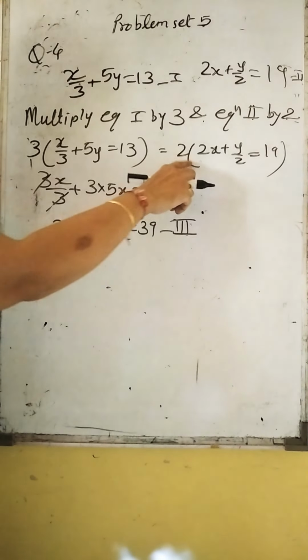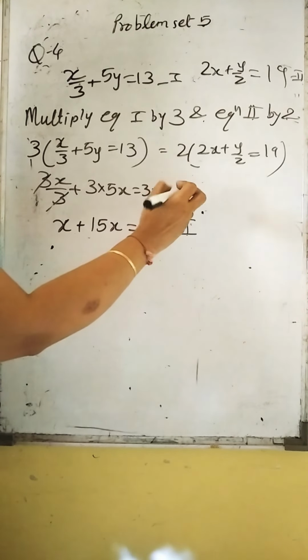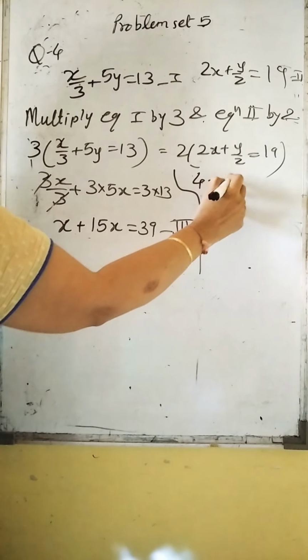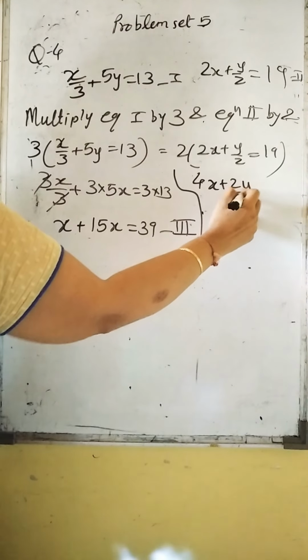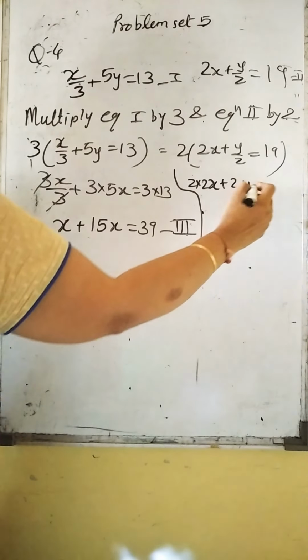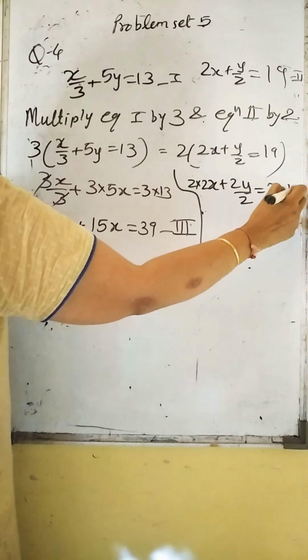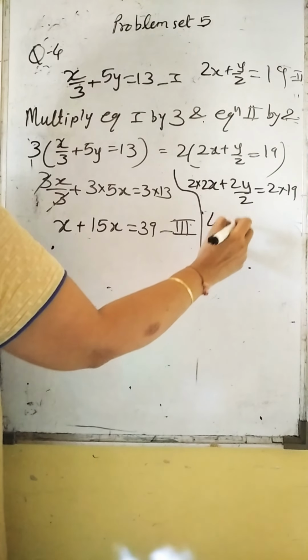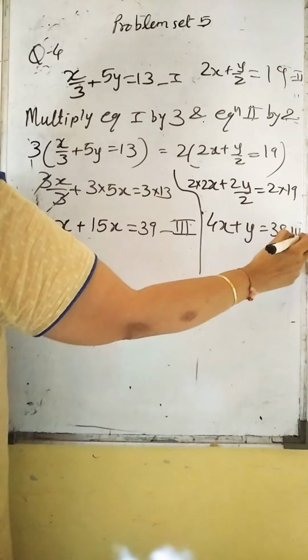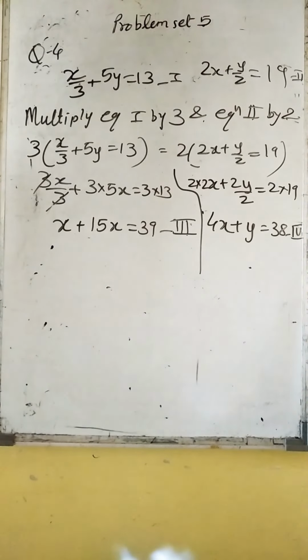Now we are going to multiply the second one by 2. So 2 2s are 4x plus 2y upon 2, is equal to 2 into 19. So you have 4x plus y is equal to 38. This becomes your equation number 4.